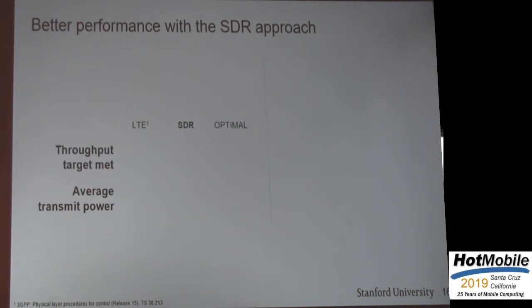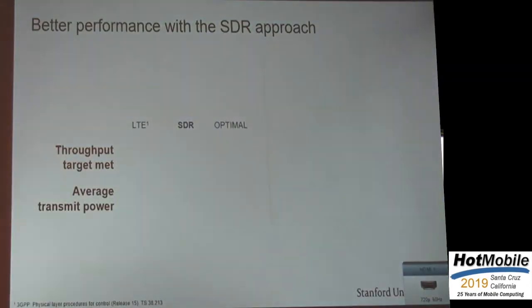Remember that our objective had 2 components to it. One was to meet a throughput target, and the second was to minimize the power consumed. Let's look at how each of the 3 schemes perform with respect to these 2 metrics. The absolute numbers here don't matter much, but the interesting thing here is that SDR not just comes close to today's state-of-the-art algorithms, but is in fact able to outperform it.